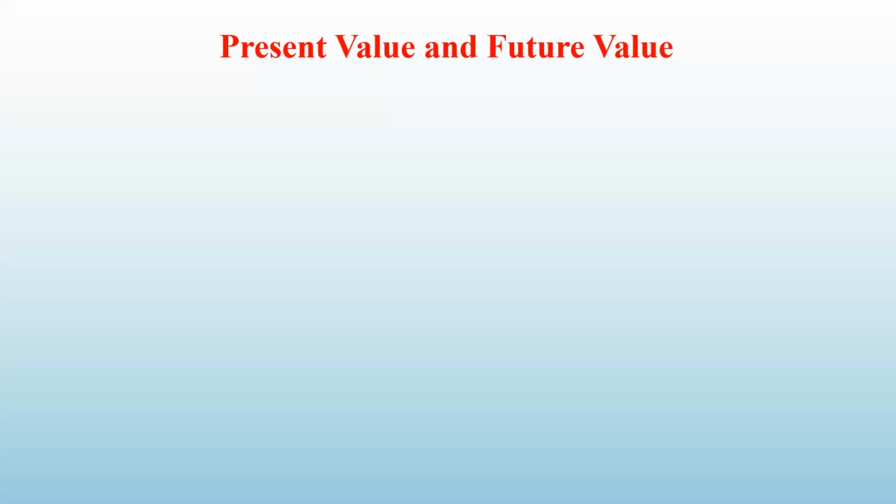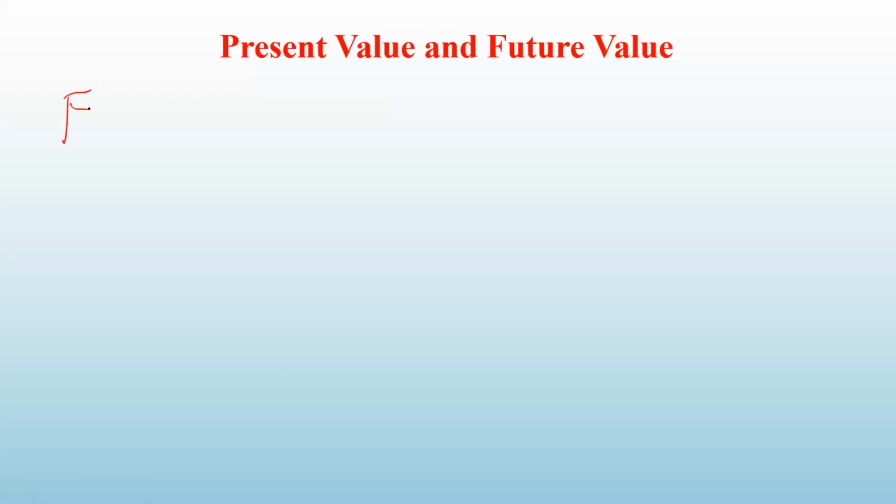So the one which we used to call the principal, now we are going to call the present value. And the accumulated value, that means the amount which you will receive after a certain period, that you are going to get in future, is called the future value.